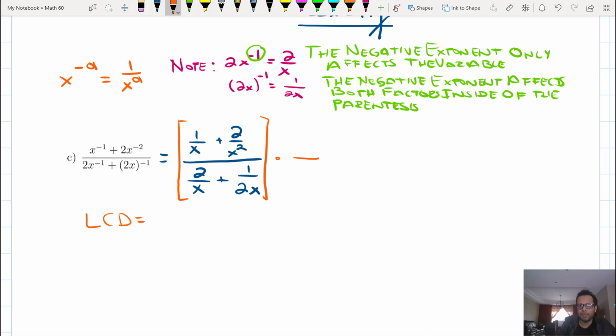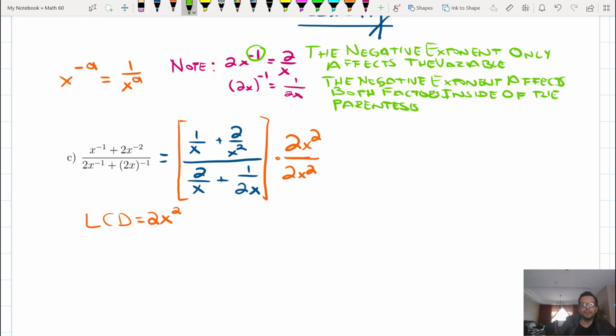In this case, we have x, and the highest power that we see of x is 2, x to the second power. However, another factor that shows up in at least one denominator is the number 2. So 2x squared will be the least common denominator. So we're going to multiply numerator and denominator by 2x squared.